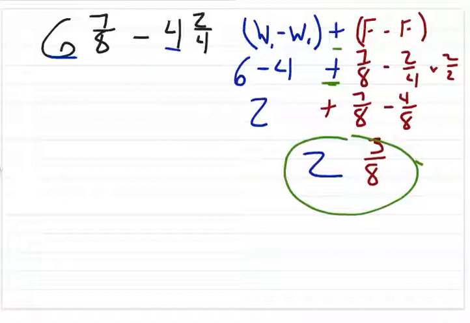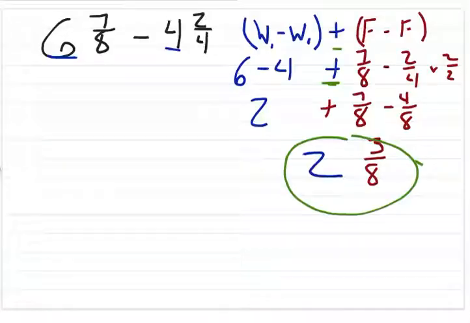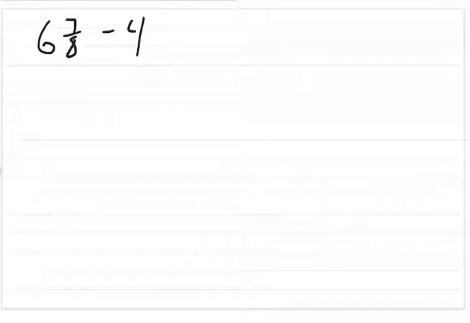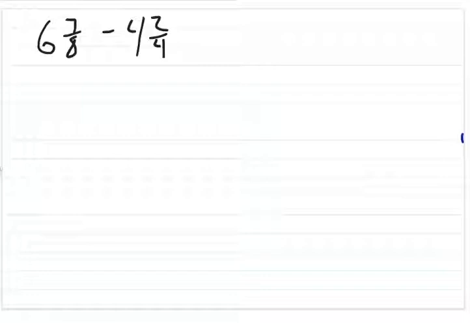Alright, well then, so we did whole number, fraction, and fraction. Now we're going to do our improper fraction way. And again, this might get a little messy. Got some big numbers there, but hopefully it should be okay. So I have 6 7/8 minus 4 2/4. Remember, whole number times denominator plus numerator over my denominator.